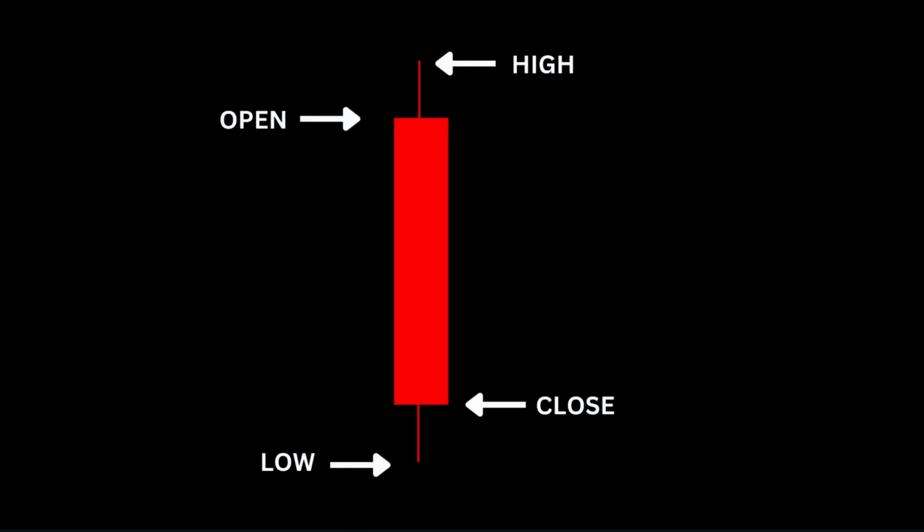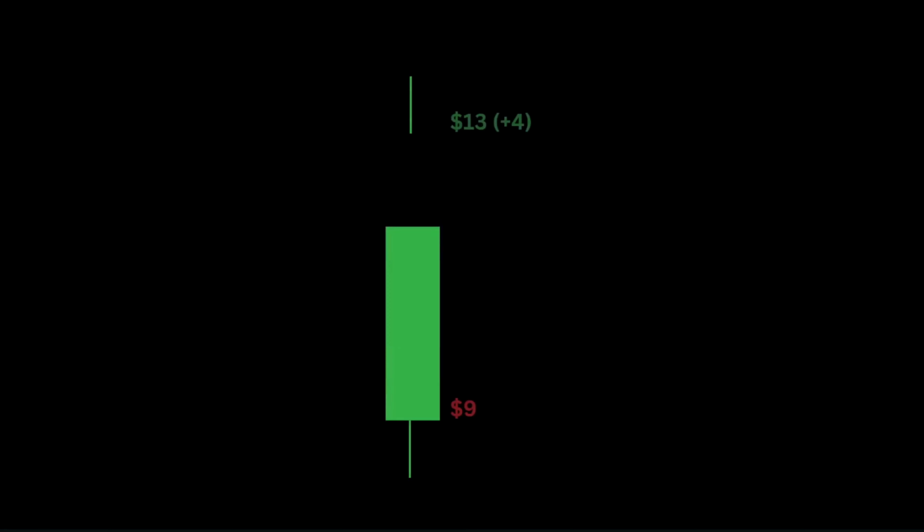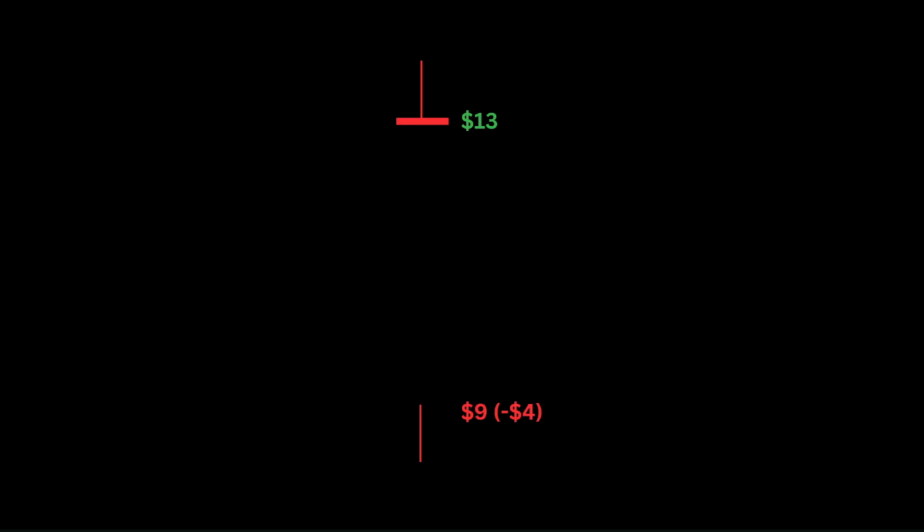So I'll show you an example of how this moves up and down. If you see the green candle, it started at some point and it moved up. The price was $9, it moved up $4 to $13. So it opened at 9, ended at 13. It increased, so you get a green candle.